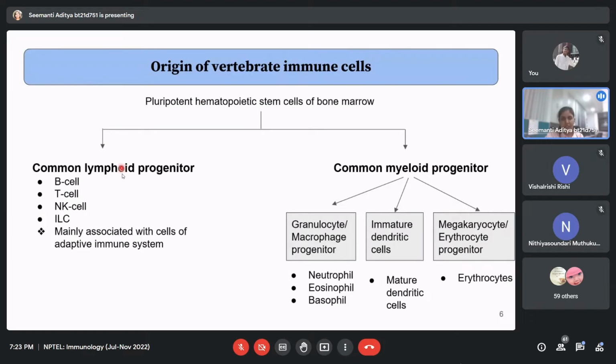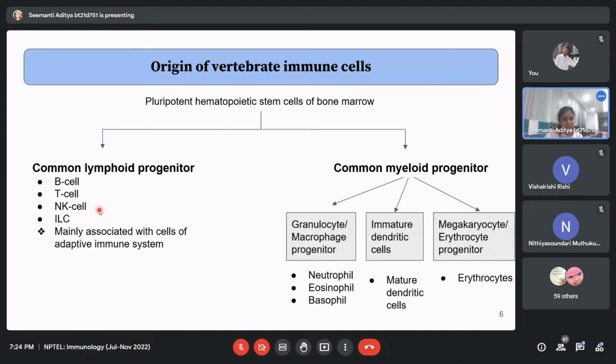and this can be divided into two broad categories, namely the common lymphoid progenitor cells and the common myeloid progenitor cells. So lymphoid progenitor cells are responsible for the origin of B cells, T cells, and NK cells. NK cells, the full form is natural killer cells, are also responsible for identifying the pathogen and killing it.